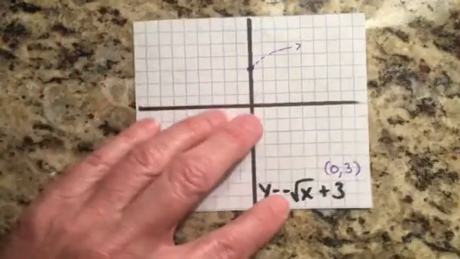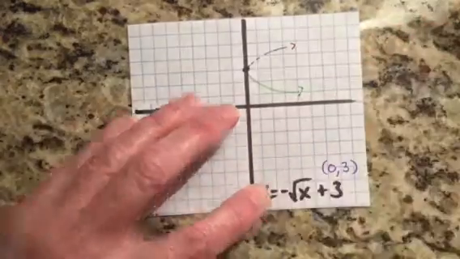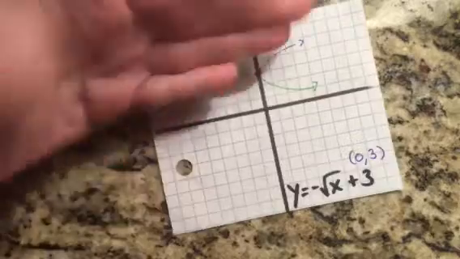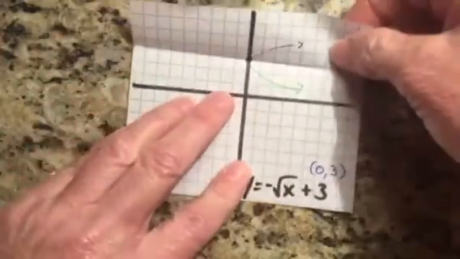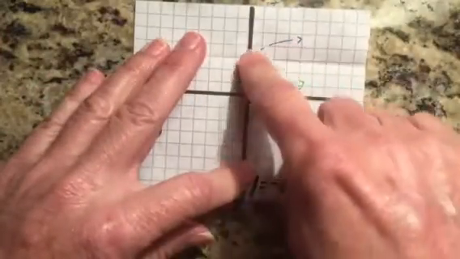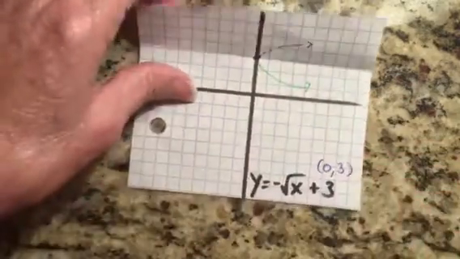And then this negative out front tells me to reflect it downward. Still starting at that critical point, I'm simply going to reflect it downward, as though I'm folding my paper along an imaginary axis over that critical point and flipping it down. I think you can see why it really helps to draw the original graph and then reflect it.